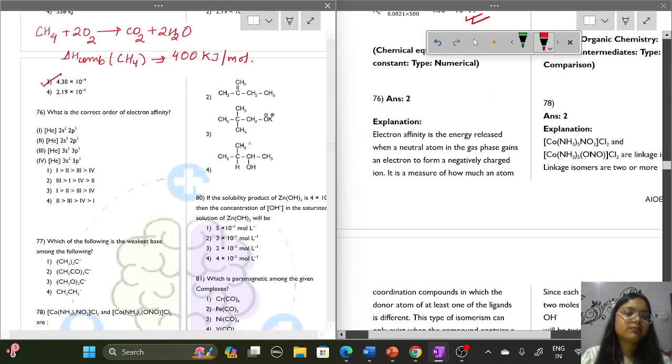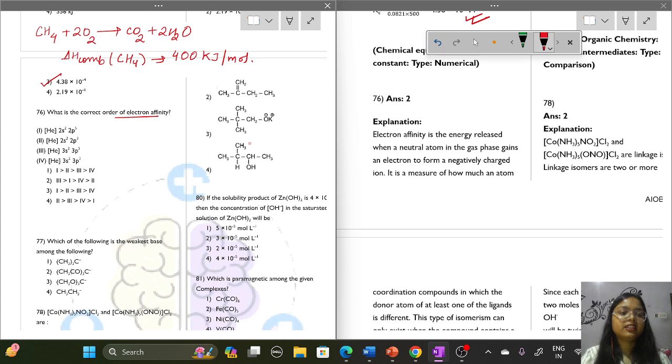Next is question number 76. What is the correct order of electron affinity? So what is electron affinity? It is the energy released when a neutral atom in the gas phase gains an electron to form a negatively charged ion.